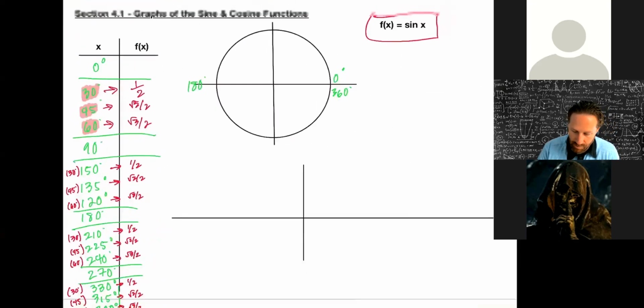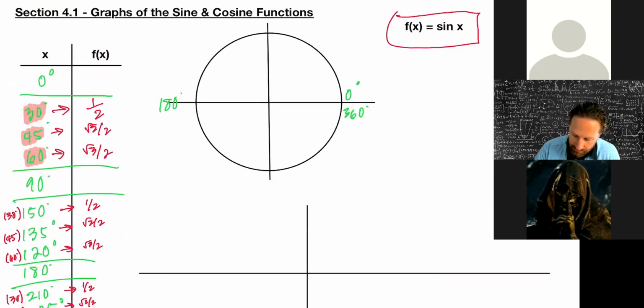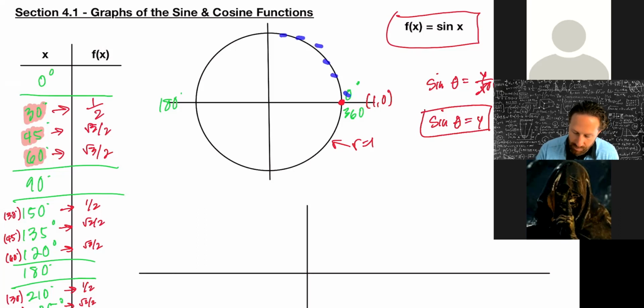But remember, we talked about on the unit circle, if this was 1, 0, then we know sine is always the y over the r. And if we're on the unit circle, then that means r is 1, which means sine is equal to the y value of each and every one of these points.